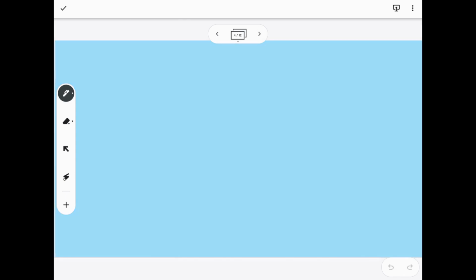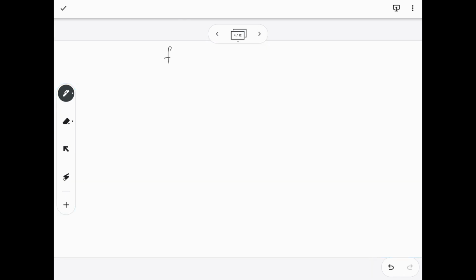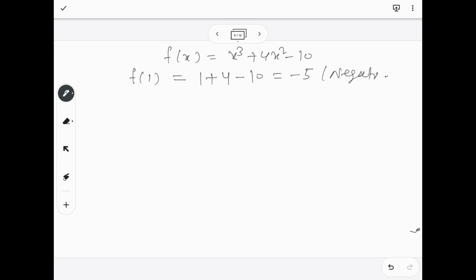So in the given example, I consider that f is equal to x cube plus 4x square minus 10. First of all, I need to find the interval within which the root exists. So let us say x equal to 1. If I look at this one, this comes out to be negative, and at x equal to 2 it comes out to be positive.